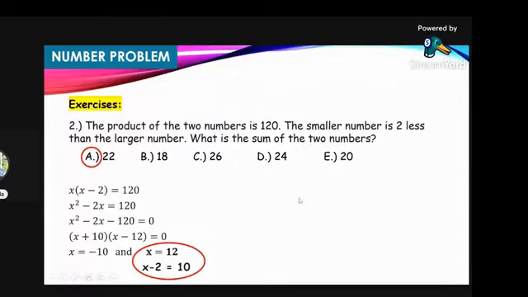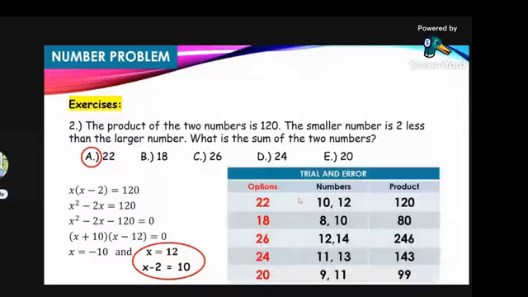If we are going to use trial and error, we will do it this way. Let's have the options and the numbers, and let's try to get the product. The options are 22, 18, 26, 24, and 20.